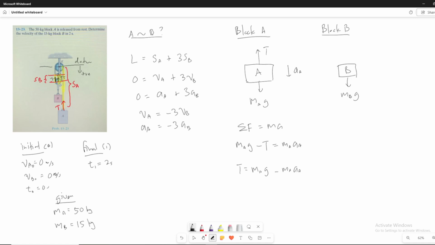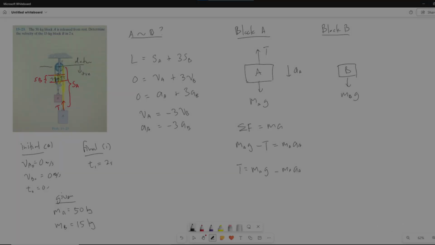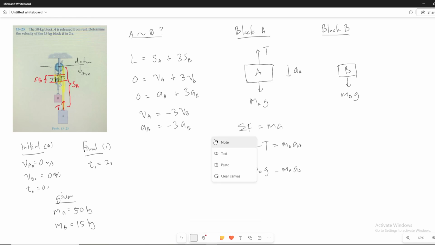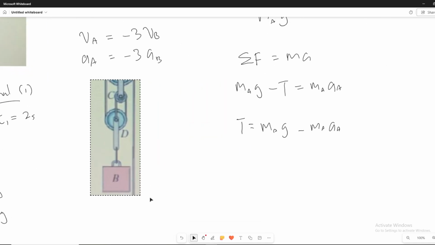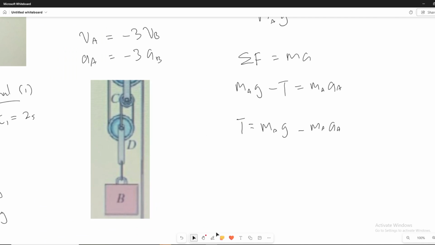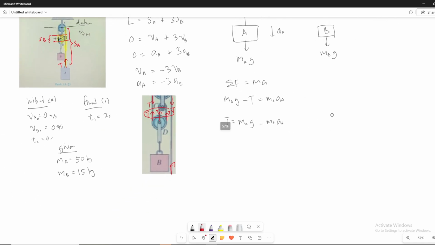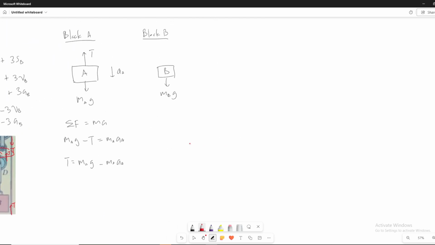If we zoom in a little bit, this is the tension of the string T. It goes here T, it goes here T, and this is also T. So we have 3 T's, which brings us to 3T.